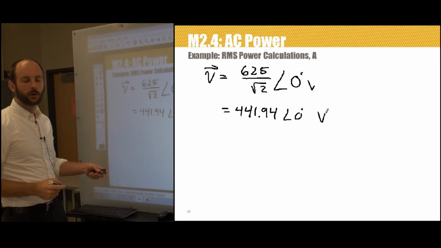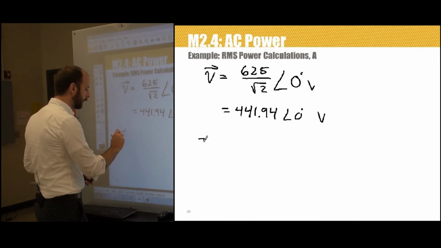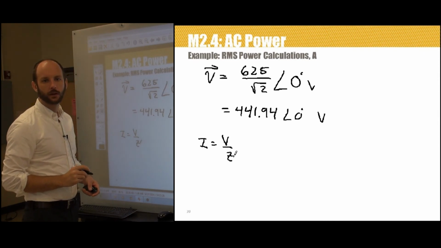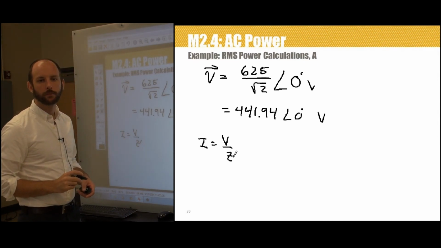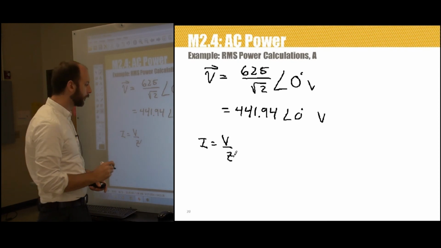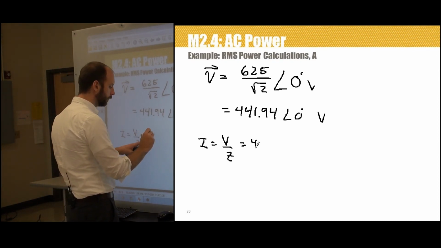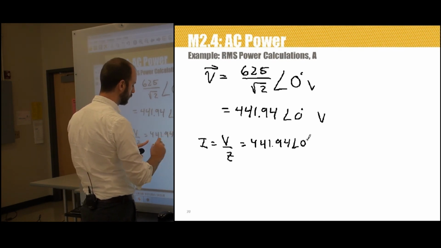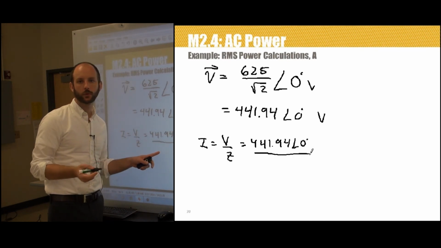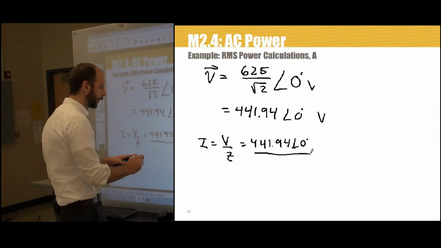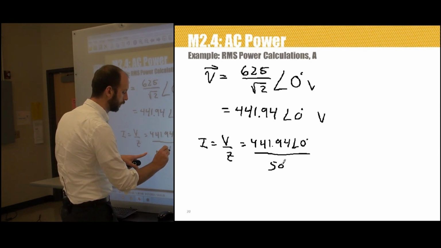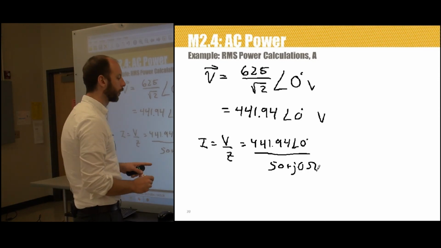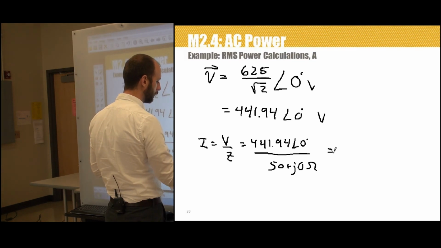From Ohm's law for impedance, we then go to I equals V over Z, and we get 441.94 at an angle of 0 degrees. And what was this? Well, this was a resistor, 50 plus j0 ohms, and that's going to give us 8.84 amps at an angle of 0 degrees.